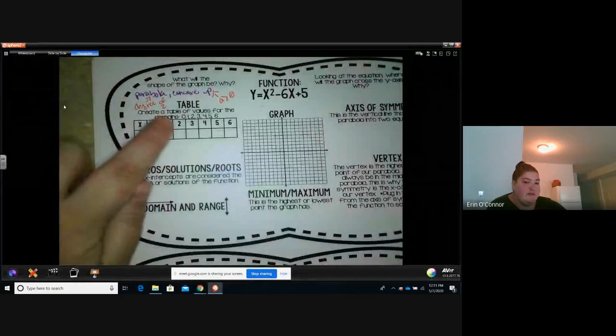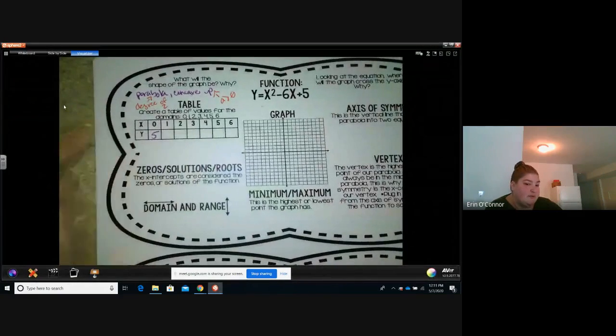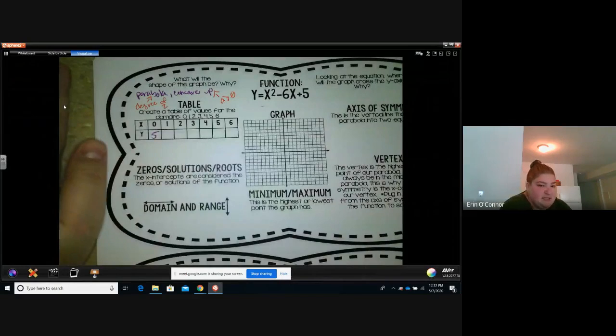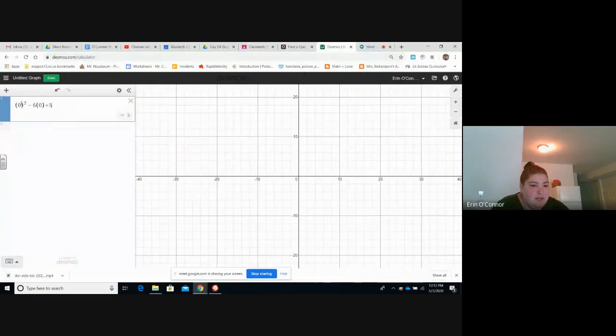Now I'm going to plug in the rest of these. So make sure you have this table written out because I'm not going to go back to this till the table's done. So when we plug in 1, what do we get? We get 0. When we plug in 2, what do we get? We get negative 3. When we plug in 3, what do we get? Negative 4.